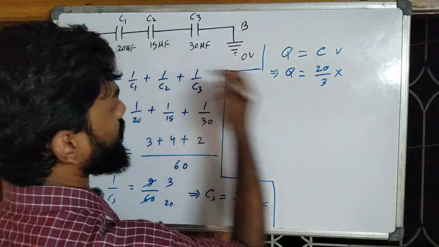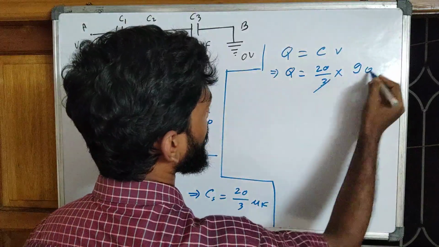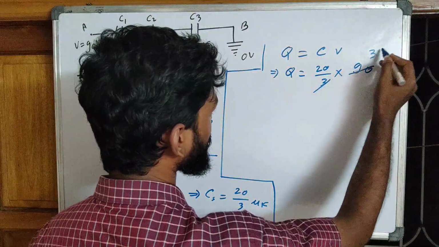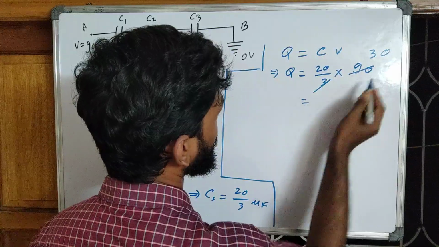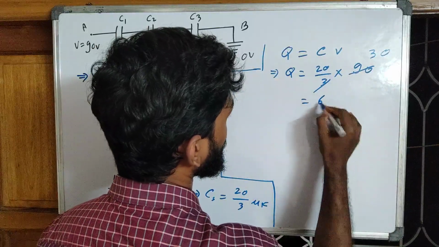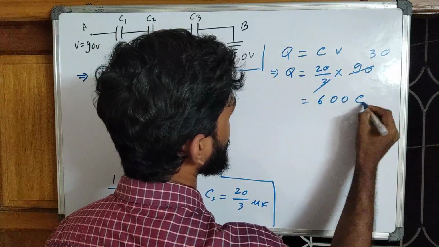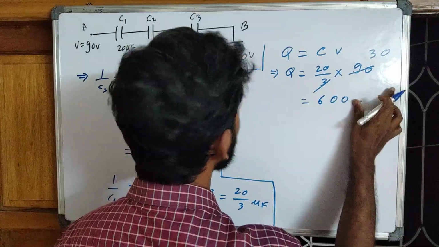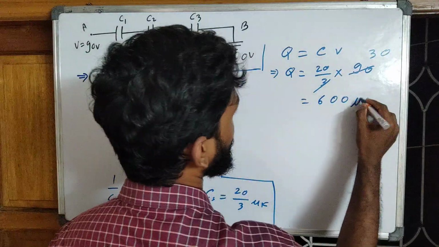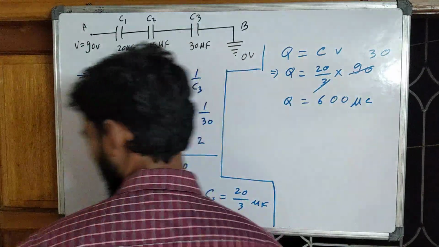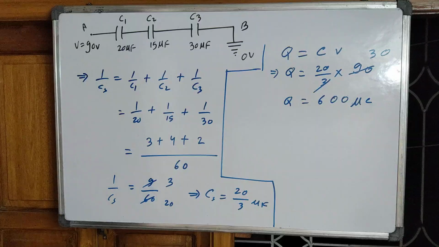The voltage is what? 90 volt. 3 to the 6... 600 is the charge. 600 microcoulomb, as these are microfarad. Microcoulomb is the charge across each capacitor.